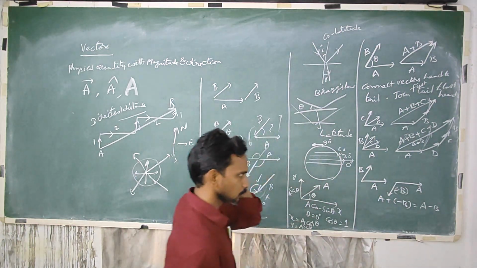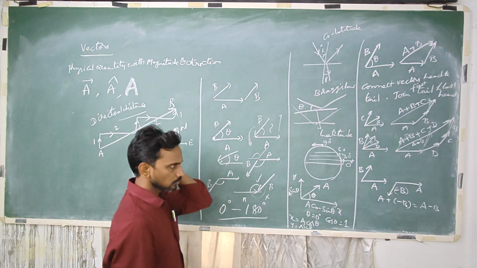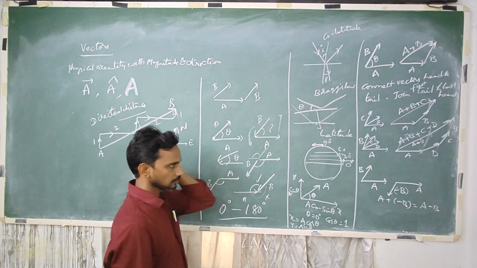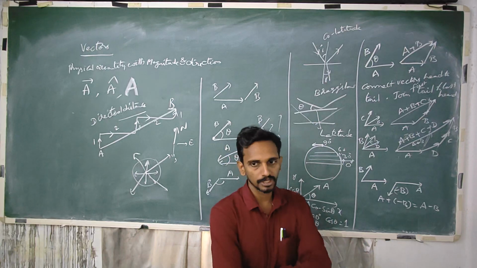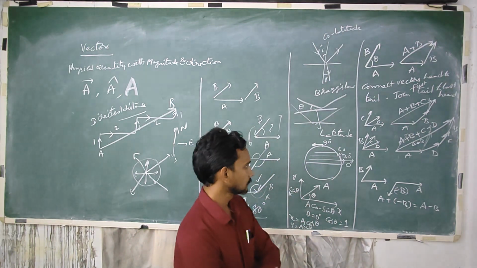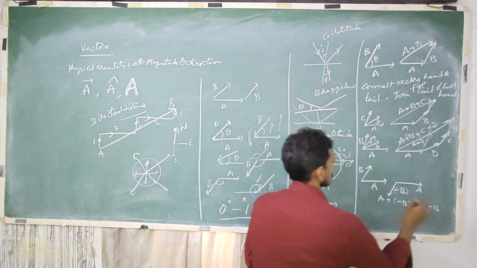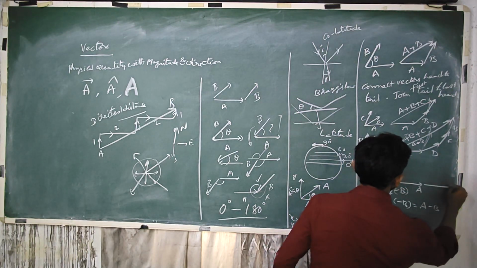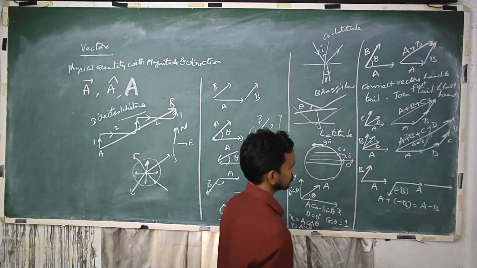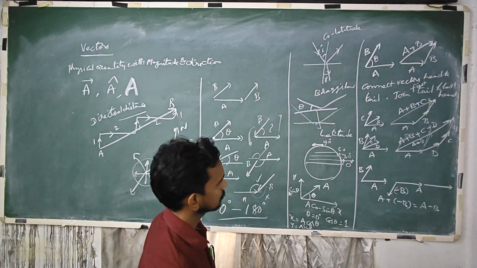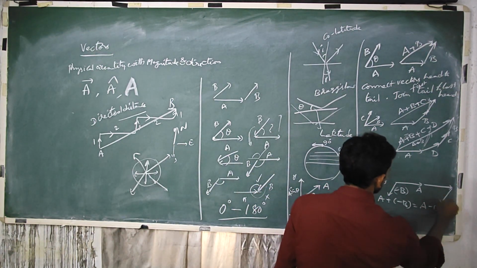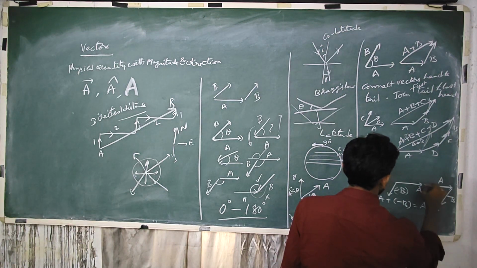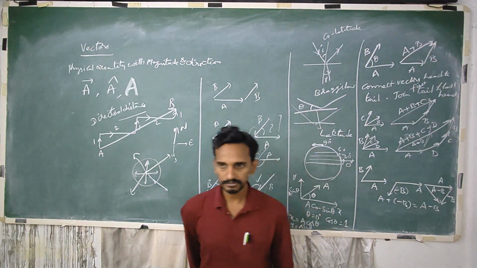So how to add those two? You have to shift the vectors head to tail, or connect them head to tail, right? So you keep a like this, and you have to shift b. Which way? So this is a minus b.